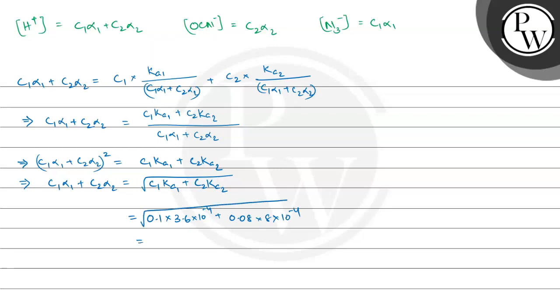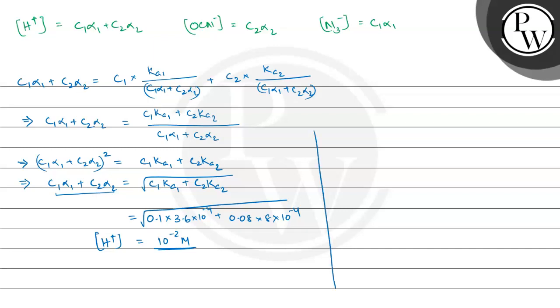After simplification, the value that comes out is 10 raised to the power minus 2 molar, and this is the H plus concentration. So H plus concentration is equal to 10 raised to the power minus 2 molar.